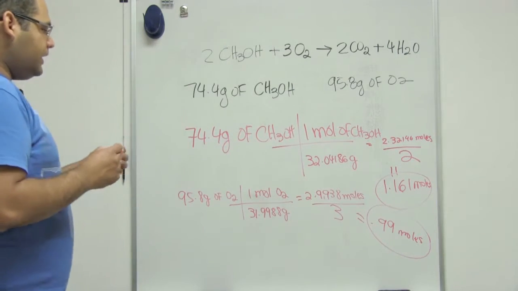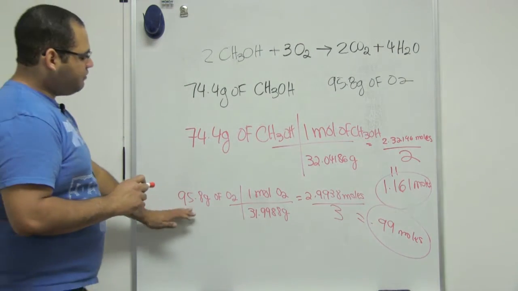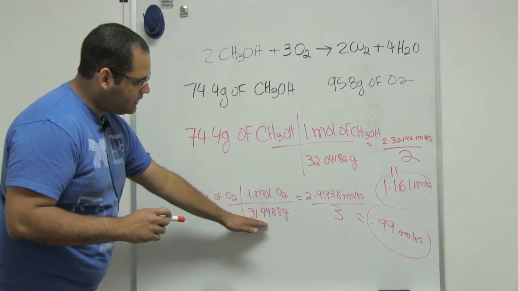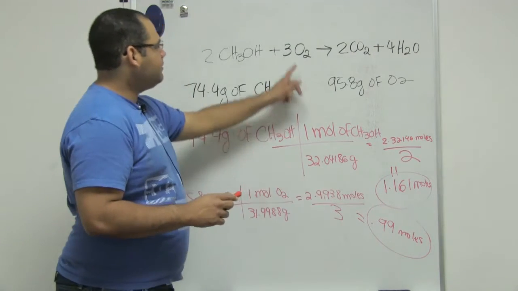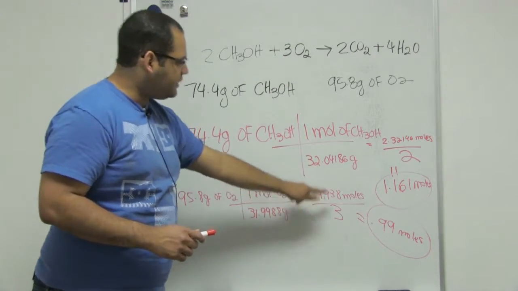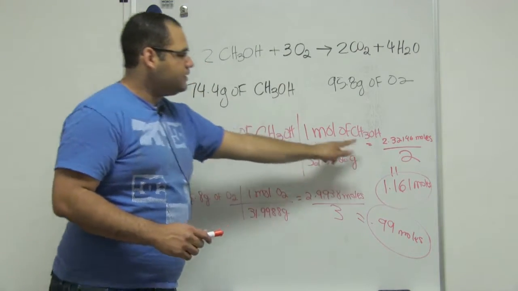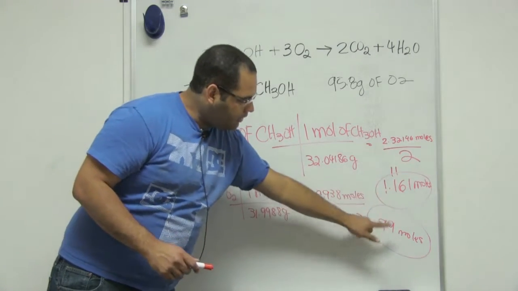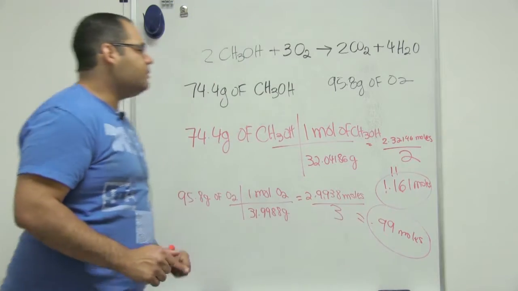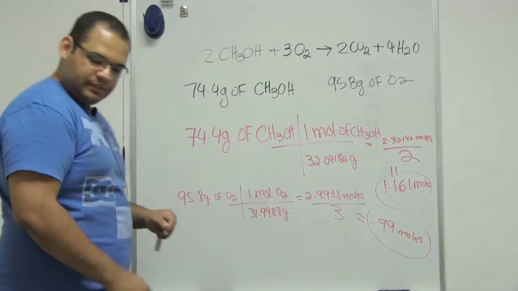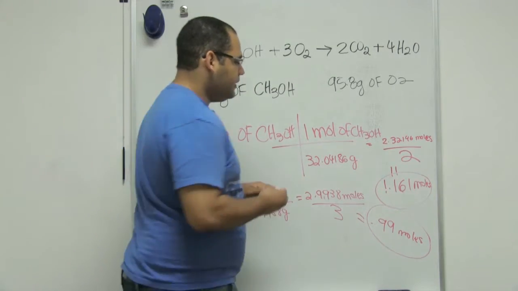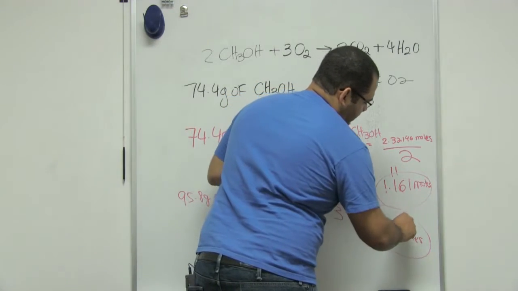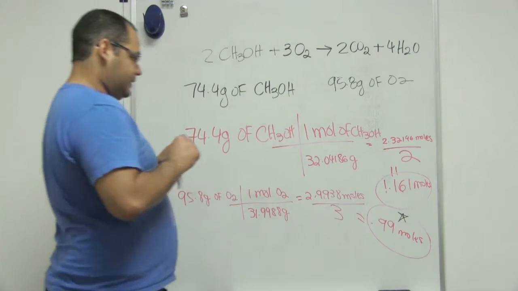So first I find the moles, grams divided by the molar mass, and then I divide it by the coefficient number. In the case of oxygen gas it is 3. In the case of methanol it is 2. I look at these two numbers and ask which one is the smallest. It's this one, meaning oxygen gas is the limiting reactant.